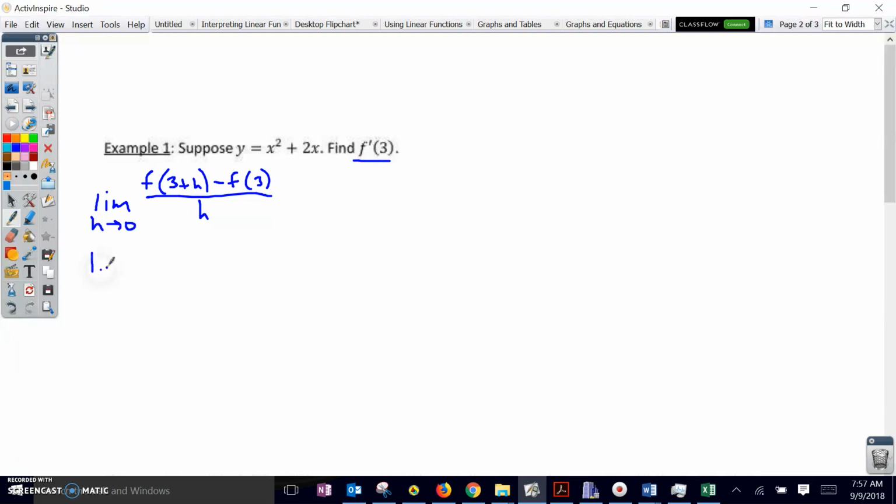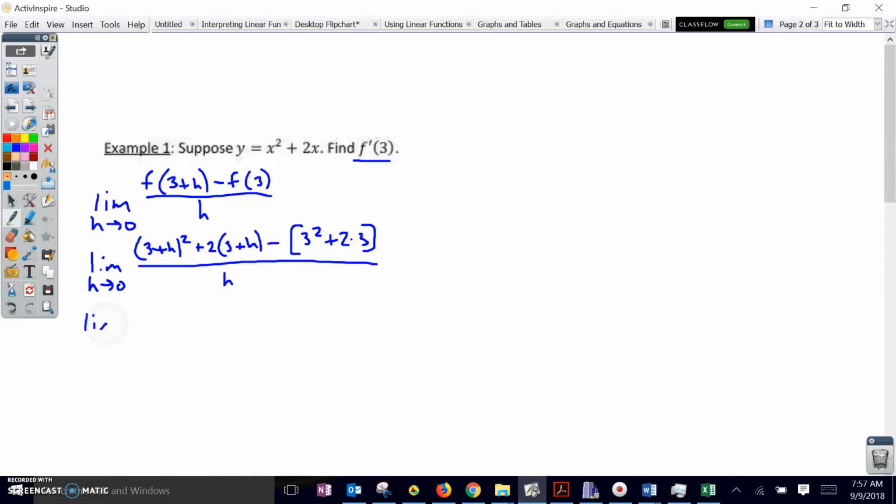And now I'm going to substitute those values into the function in the numerator. And so I have 3 plus h, the quantity squared, plus 2 times the quantity 3 plus h, minus 3 squared, plus 2 times 3, all that over h.